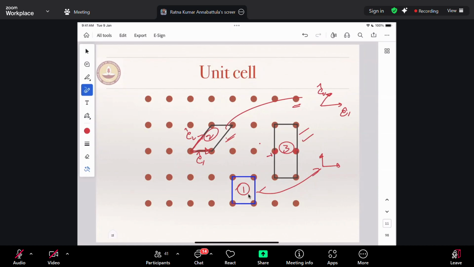This one is shared by 2 of them, and these 4 corners are shared by 4 neighboring unit cells. So, effectively, how many lattice points are there in this unit cell? 4 times 1 by 4 plus 2 times 1 by 2, isn't it? That is 1 plus 1. There are two lattice points. Is that clear to all of you? Yes, sir. Okay, good.